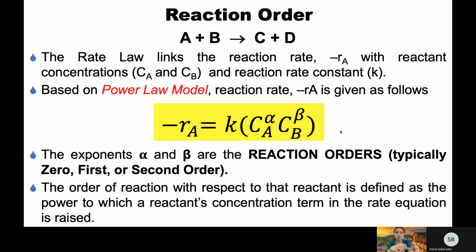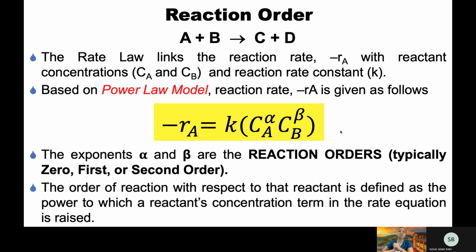CSTR is a continuous stirred tank reactor, PFR is the plug flow reactor. In chapter 2, we did try to find the volume of the reactors. But we do that when we are given two important pieces of information, which is conversion and minus rA, which is the rate of reaction.